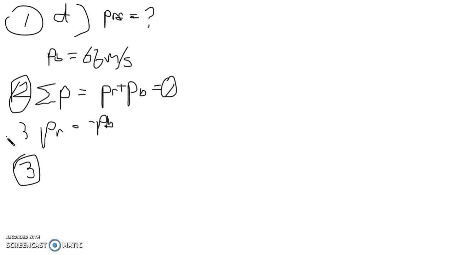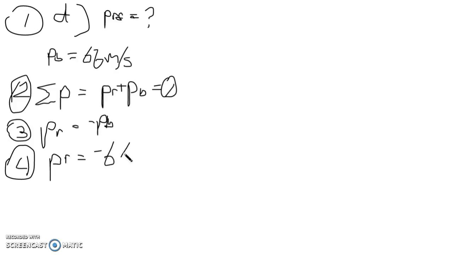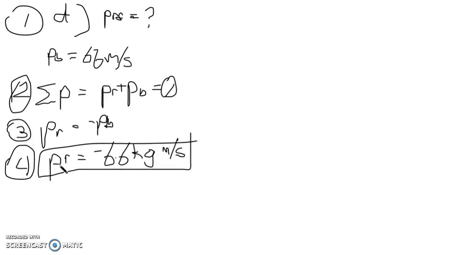Let's say this is step 3, because we have to have some work. And then PR equals negative 66 kilogram meters per second. And we can say yes, this makes sense because of the law of conservation of momentum, LOCOM.